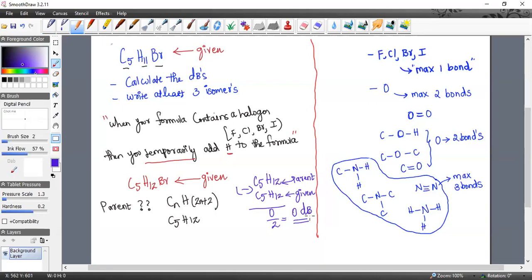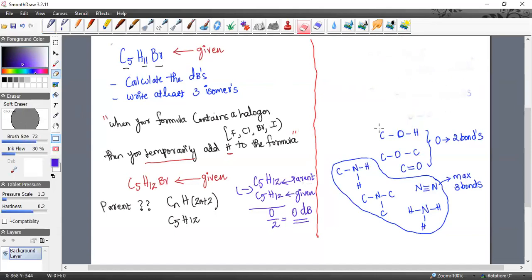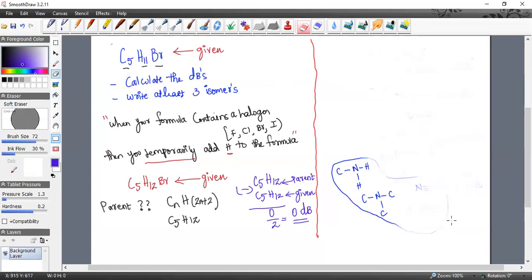Now, let me go ahead and erase some of this so that I can actually draw some of the isomers here, okay? This is generally the way you calculate your double bonds.